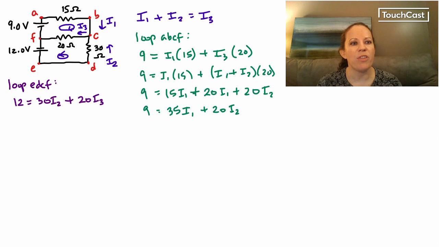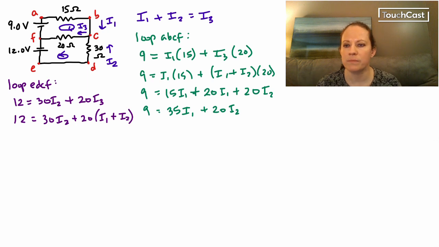So I'm going to do the same thing in my purple equation and end up with another equation that's just in terms of I1 and I2. So again, I1 plus I2 goes in place of the I3.